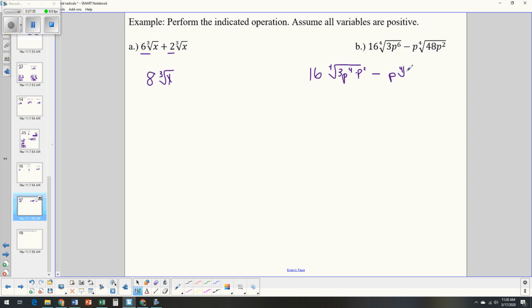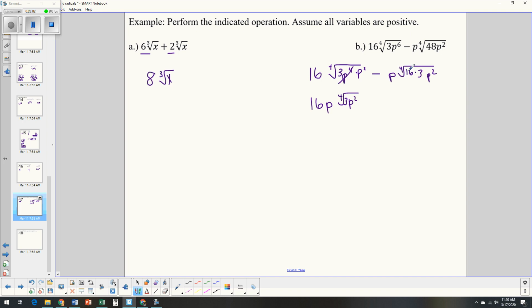I know I'm looking for a 3, is really 16 times 3. And then we have p squared. So on this side, 4 over 4 goes in nicely. So this is going to be a p coming out, p to the 1st. And I'm left now with fourth root, of 3p squared.